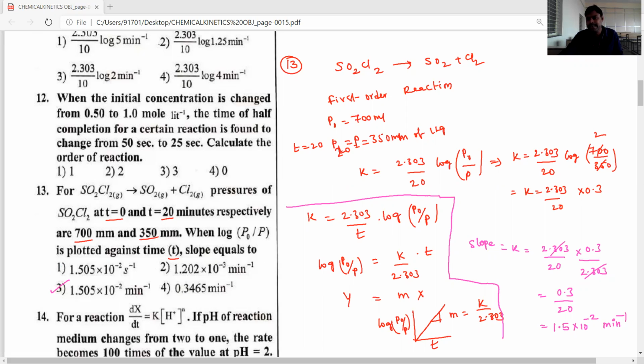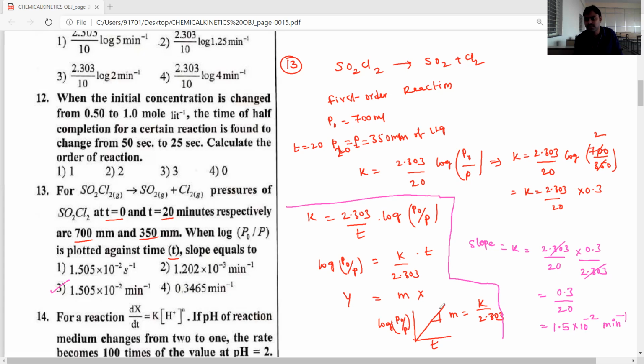See here, indirectly, for this relation, the slope is equal to k by 2.303. So we are finding out the k value. K is equal to 2.303 by t into log P naught by P. Time is equal to 20 minutes, P naught is equal to 700 and P is equal to 350.